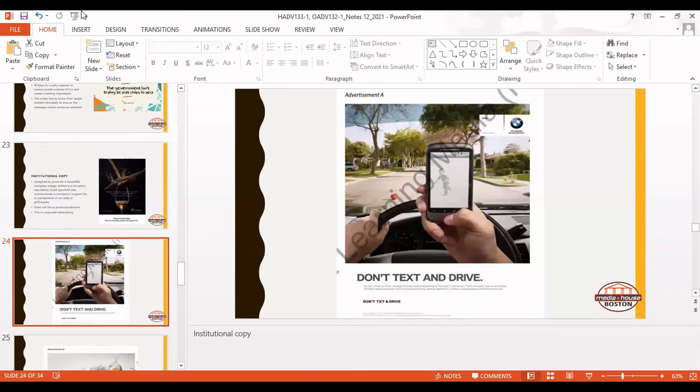Okay, therefore the stand it becomes drink responsibly. Okay, if you look at that one there, that says don't text and drive. Okay, what do you think of that one? What kind of copy is this? Don't text and drive, don't drink and drive.